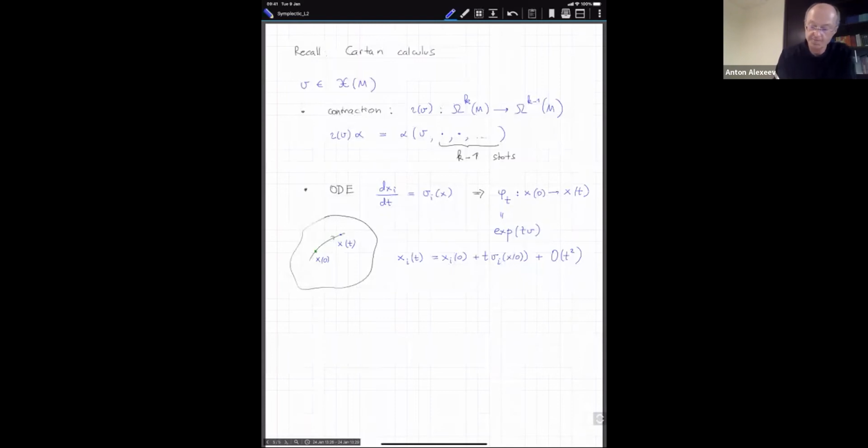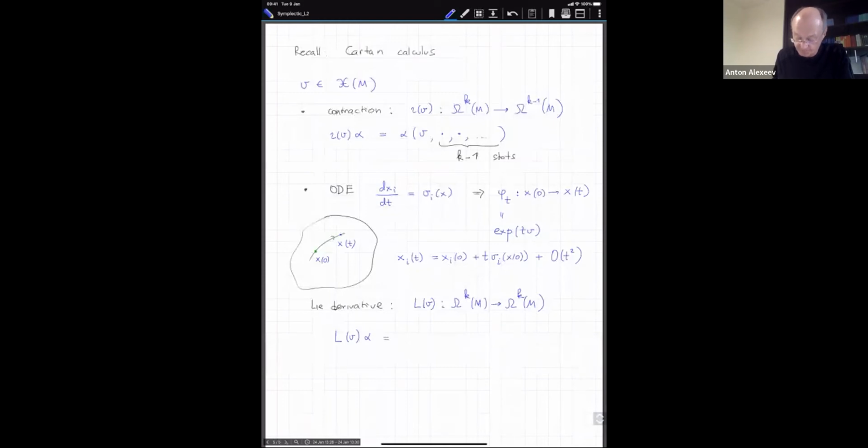Now there is a gadget called the Lie derivative. I think you probably heard about it, or maybe not. The Lie derivative maps forms of degree k to forms of degree k. Let me write the formula, and then I compute it concretely in an example so you will see how it works.